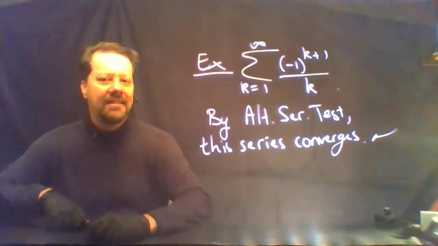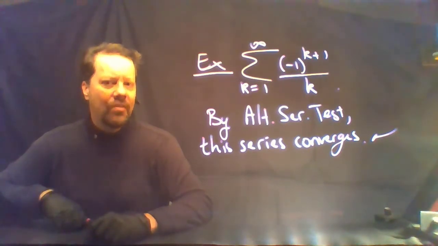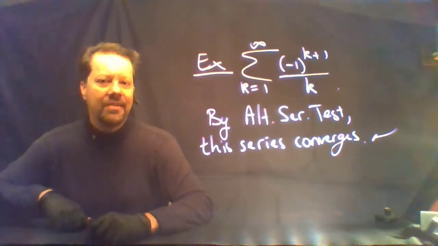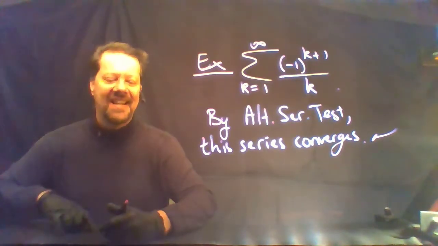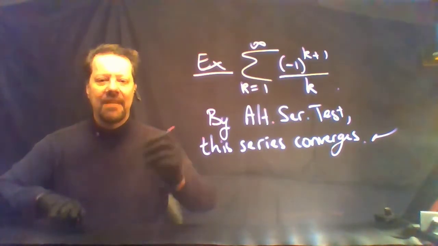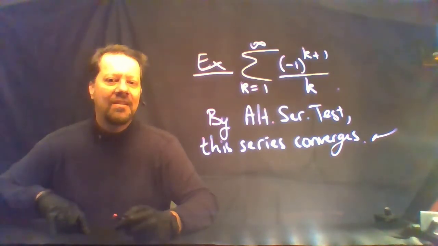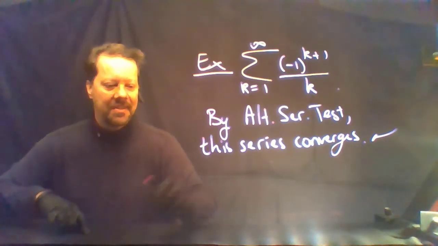Note that this series, we said, looks a lot like the harmonic series. It's just alternating. Guess what? This series has a name, and it's famous. It's famous as the alternating harmonic series.